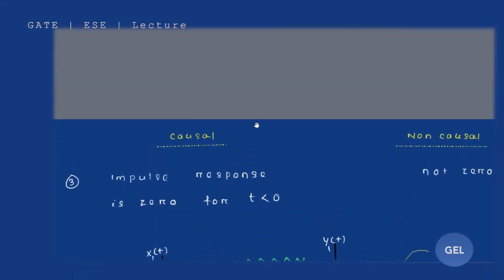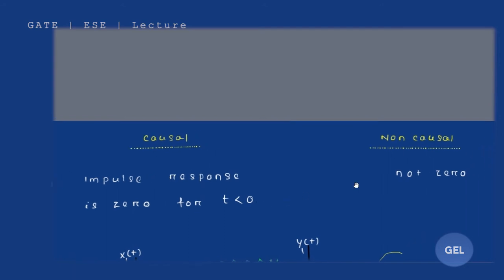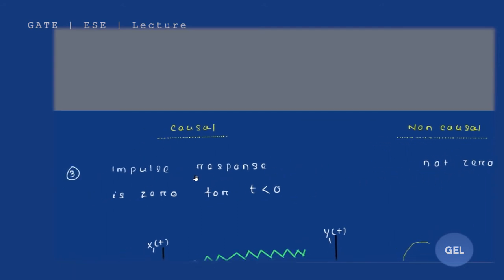The third point is a very important point. For a causal system the impulse response is 0 for t less than 0, and for a non-causal system the impulse response is not 0 for t less than 0. Now what is the meaning of this? Listen carefully. You have a system to which you give an excitation, and you get a response.